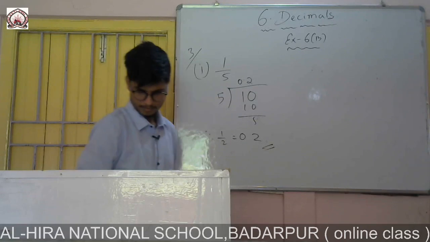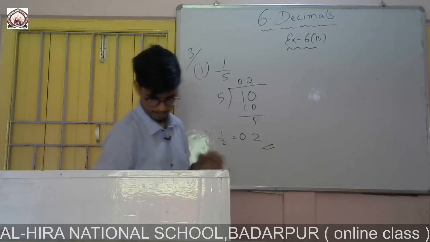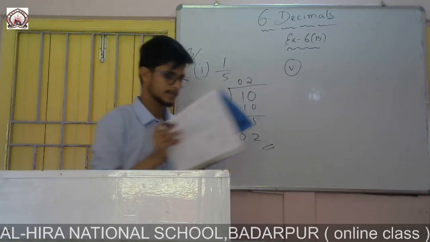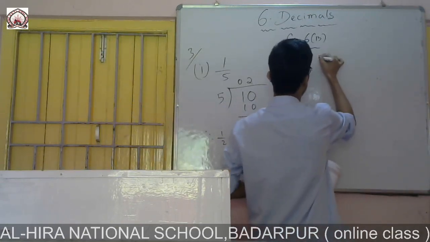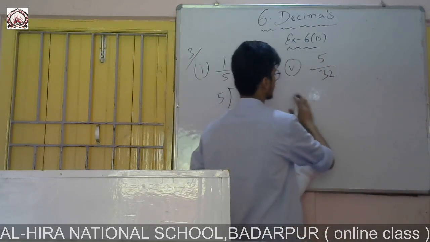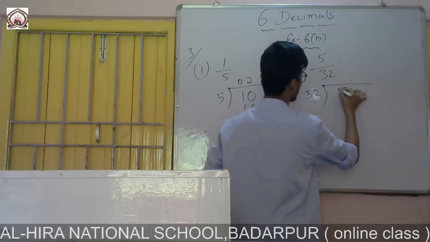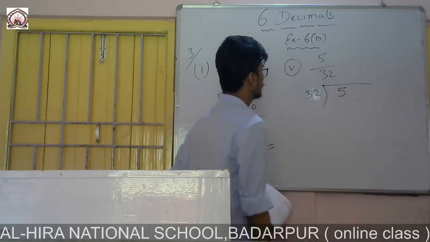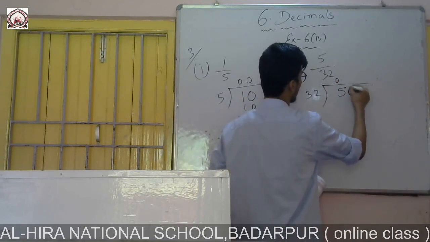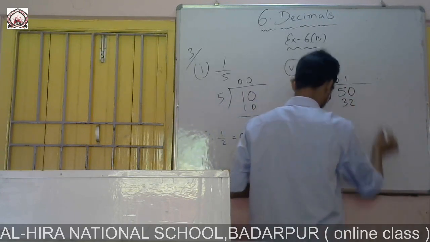Now you see Roman number 5. It is given 5 by 32. First I will write 32 outside and divide 5. I cannot divide 5, so I put a decimal and put 10 here. 32 ones are 32.